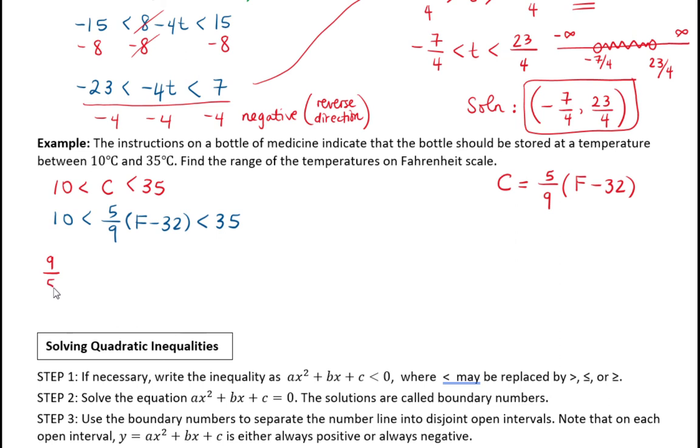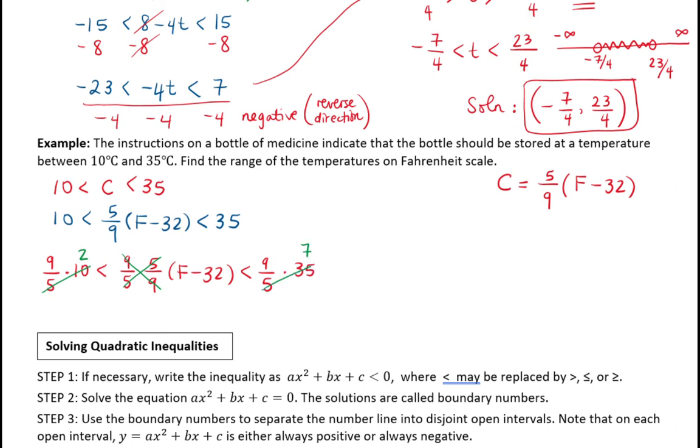So it's 9/5 times 10 is less than 9/5 times 5/9 times F minus 32, and that's less than 9/5 times 35. I try to cancel that 5/9, and 5 and 10 cancel, you got 2. These two cancel directly, then these two cancel, and I got 7.